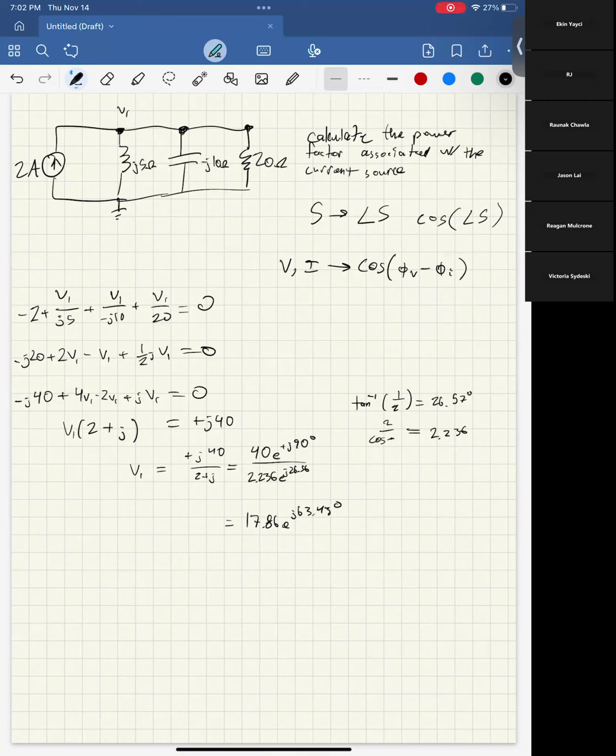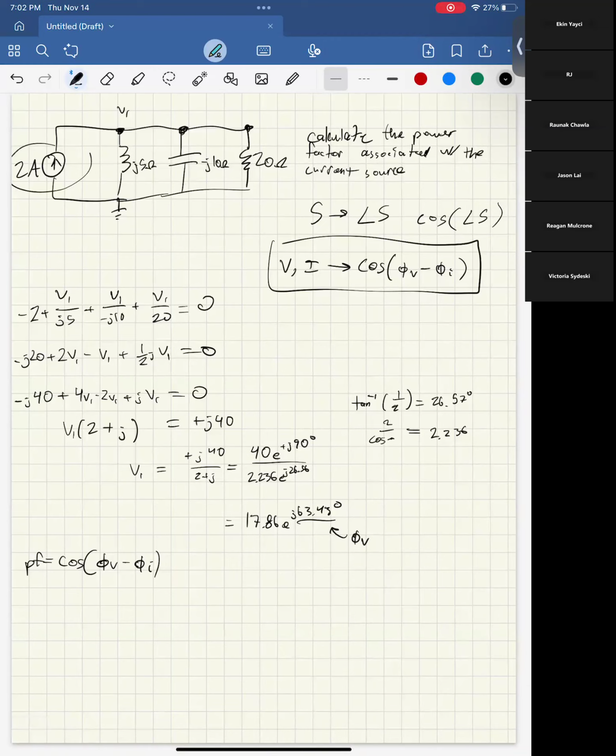Oh, this is actually a really short problem then. Okay. Yeah, because as I said before, the power factor is equal to the cosine of phi v minus phi i. So here we found phi v, and the current. Again, we're looking at it from the perspective of the source.